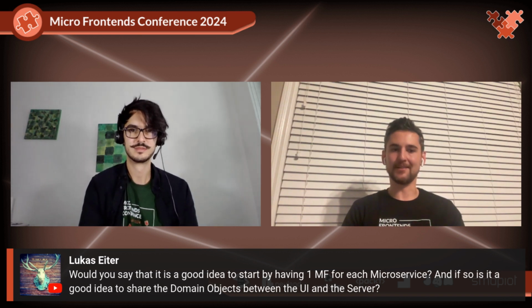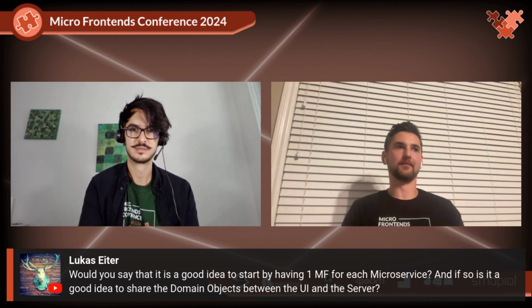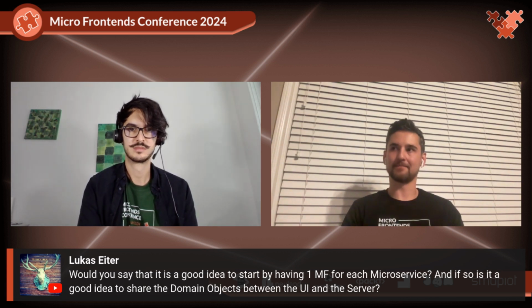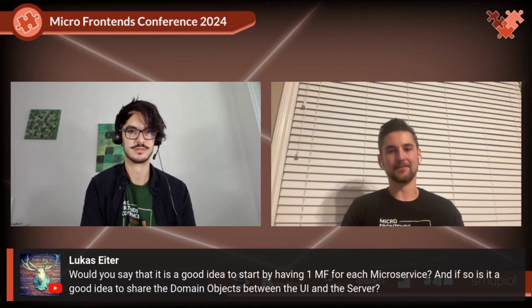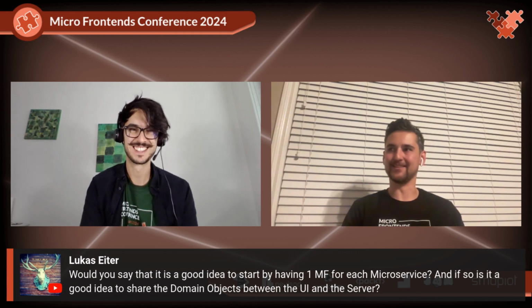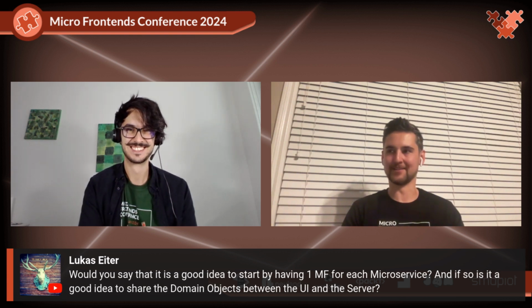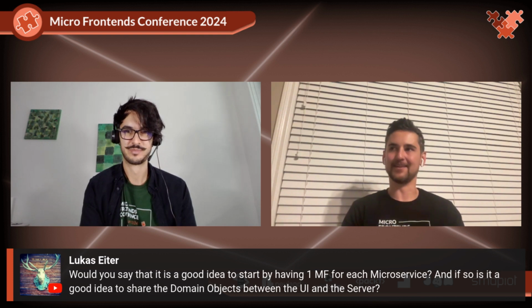The question about whether it is good to share the domain object between the UI and the server: I guess it also depends. You will probably hate my answer, but it all depends on the implementation.